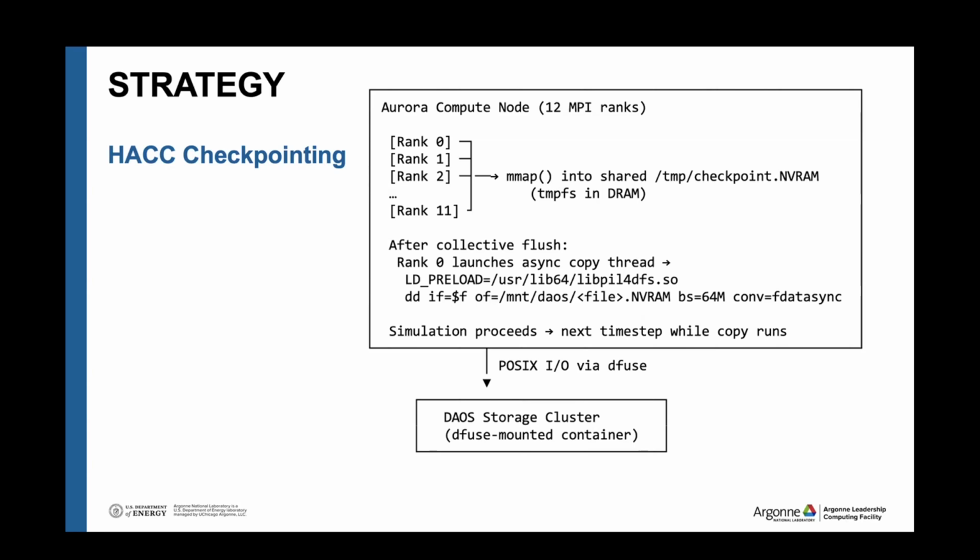After that's done, one of the ranks, the head rank for the node, will then copy that file to DAOS. So we'll spawn a thread and asynchronously copy, and the rest of the ranks can immediately proceed to keep going through the simulation. We use the POSIX IO interface for DAOS to do that.